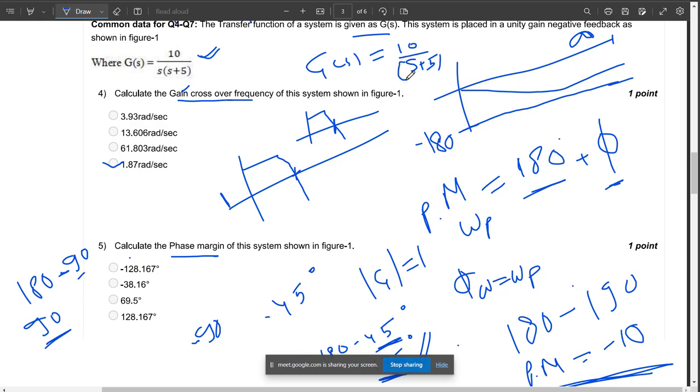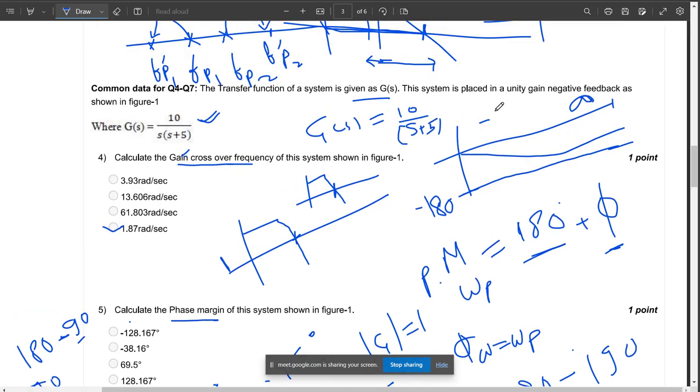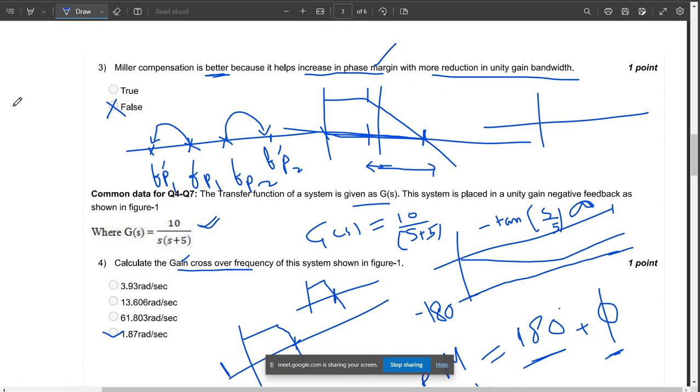This means that the phase is equal to minus tan inverse of omega upon 5. Our system has a Bode plot something like this.